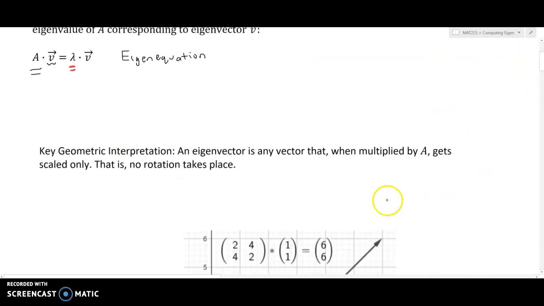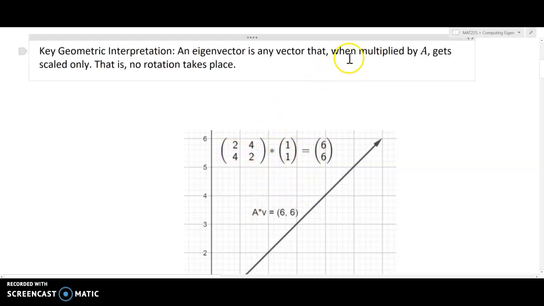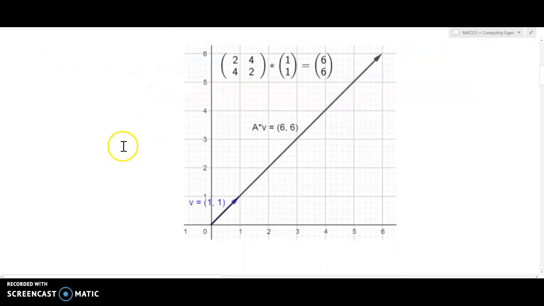So here's a picture of the matrix 2, 4, 4, 2, and 1, 1 turns out to be an eigenvector of this matrix. So when multiplied by A, if it is an eigenvector, it gets scaled only. No rotation takes place.